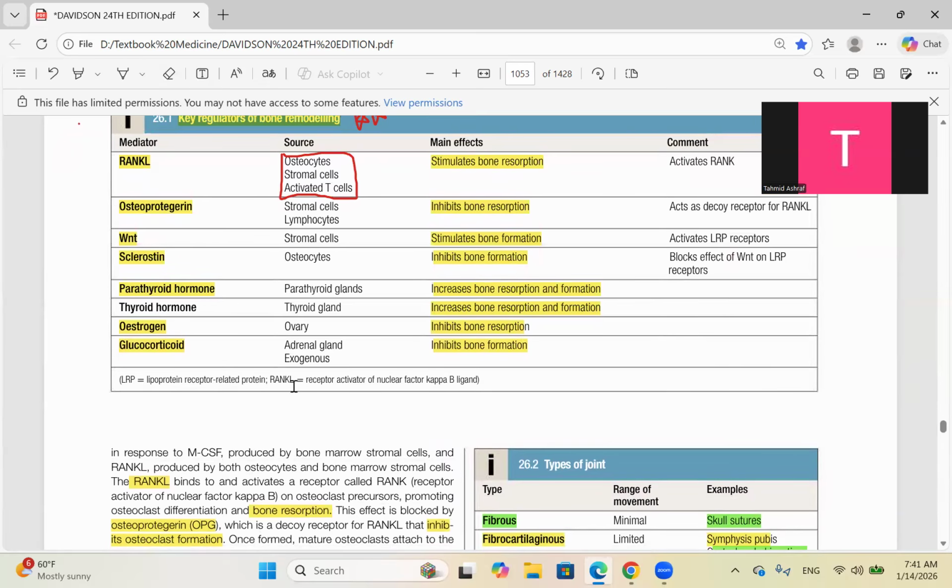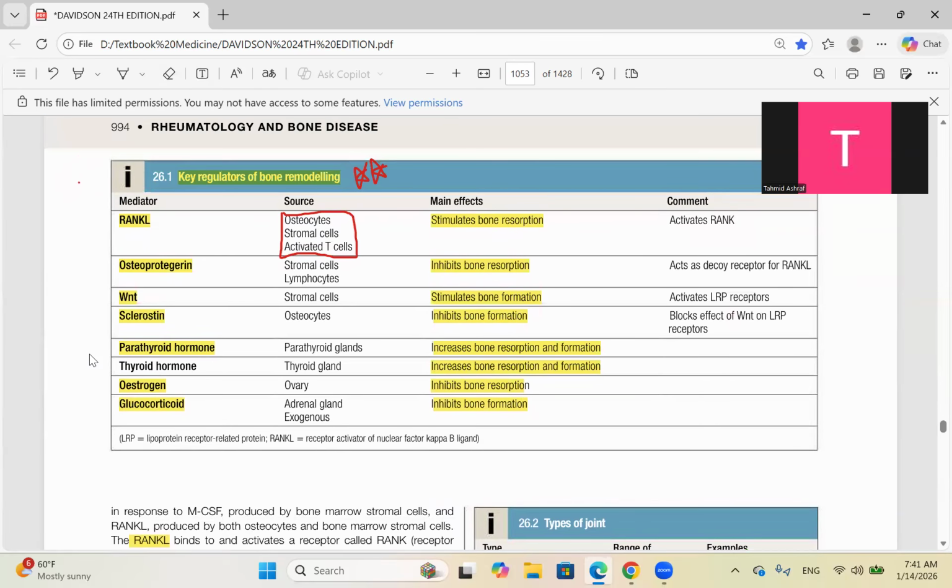We will finish today's lecture with this box. These are the key regulators of bone remodeling: RANKL, osteoprotegerin, WNT, sclerostin, parathyroid hormone, estrogen, glucocorticoid. Our focus is to remember just one thing: which factors cause bone formation and which factors mainly cause bone resorption.